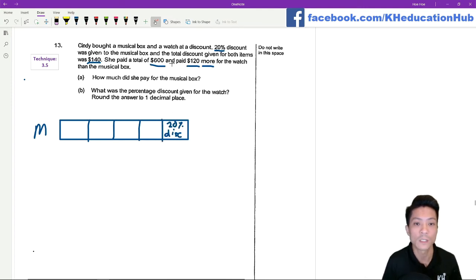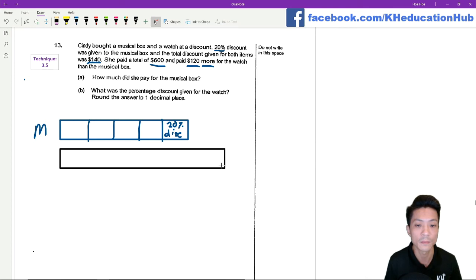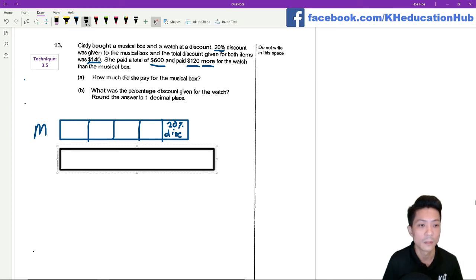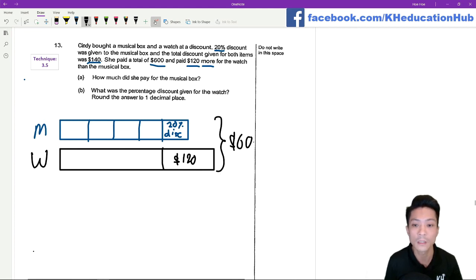She paid a total of $600 and $120 more for the watch, which means that the watch would be something like this. $120 more. Altogether, she paid $600. Okay, remember this 20% discount over here is not included.